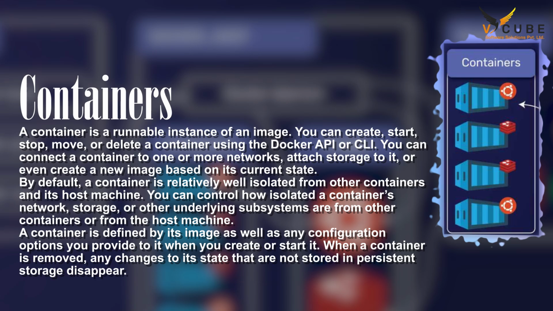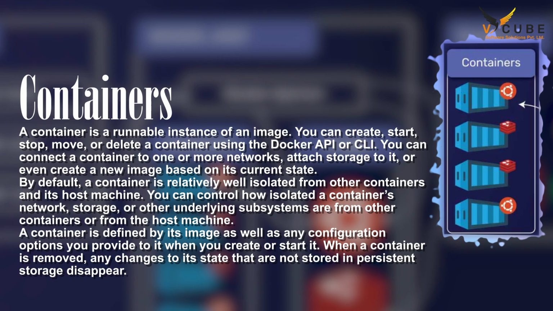By default, a container is relatively well isolated from other containers and its host machine. You can control how isolated a container's network, storage, or other underlying subsystems are from other containers or from the host machine.